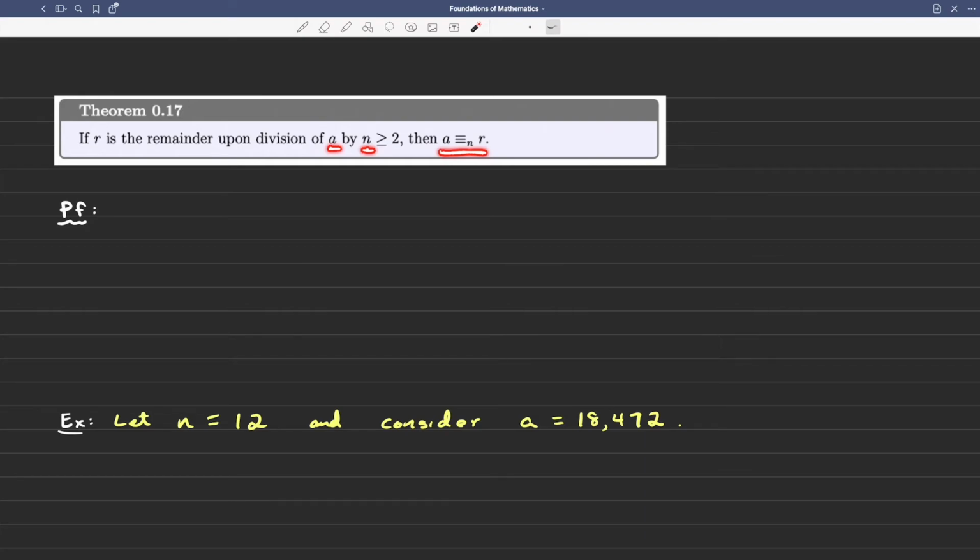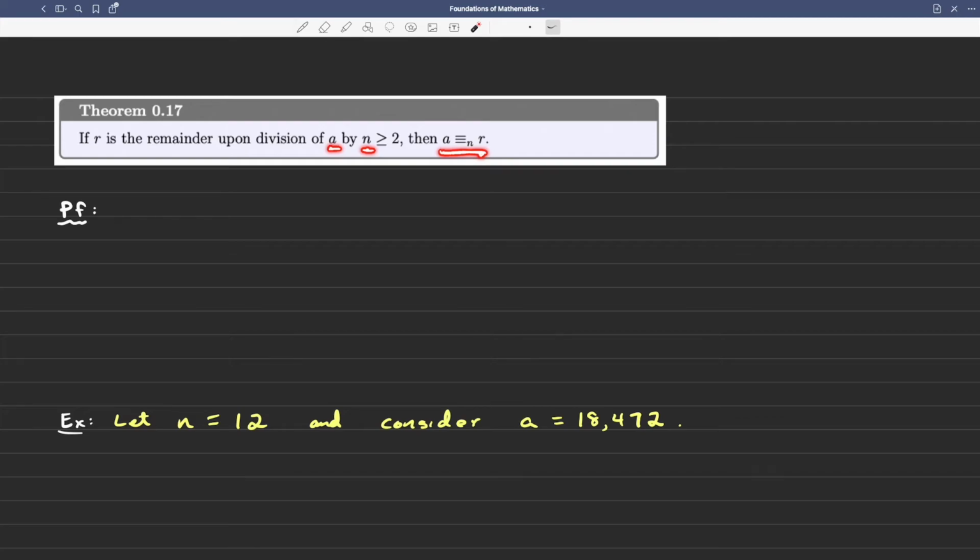So you always have a way to take a number, maybe a gigantic number much larger than n, and find a number congruent to it that's relatively small compared to n. In fact, it's the remainder. The remainder is always between 0 and n, less than n. So this gives you a way to pare down a large number and find something congruent to it, modulo n, that's much smaller.